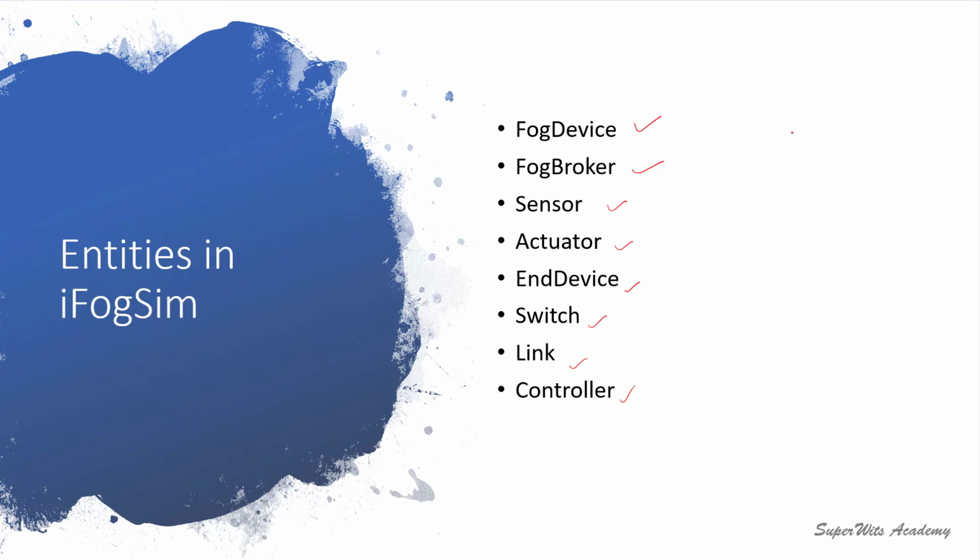So typically we have created one of the topologies where there was a component at the top level. This top level component, we consider it's a cloud, and then we have a gateway.